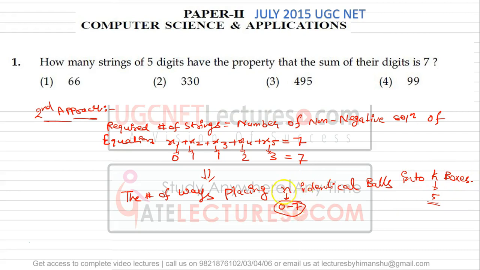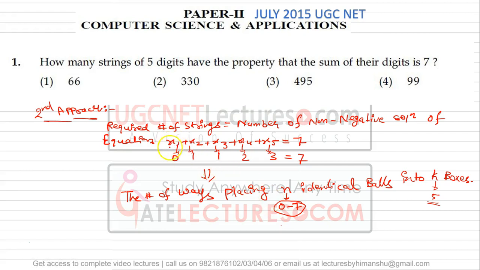Okay, so n is the digits which you can use to form the number 7. When you place them, k boxes are this is box 1, this is box 2, this is box 3, this is box 4, this is the 5th box. These are the boxes and you are placing 0 to n balls. You can place from 0 to 7. We have balls from ball number 0 to ball number 7. Now you have to place one of these balls into one of the boxes.